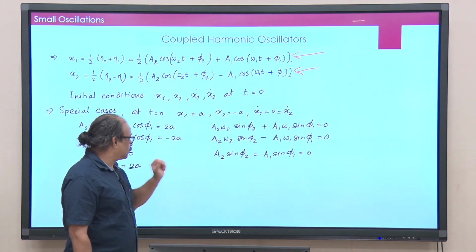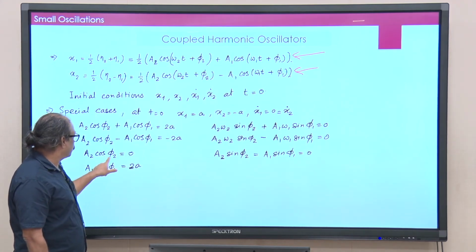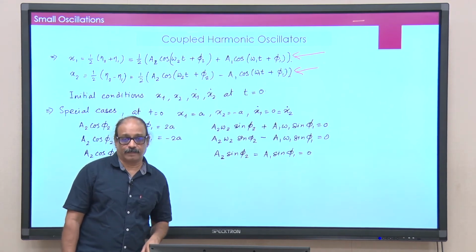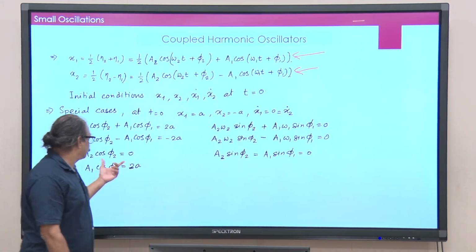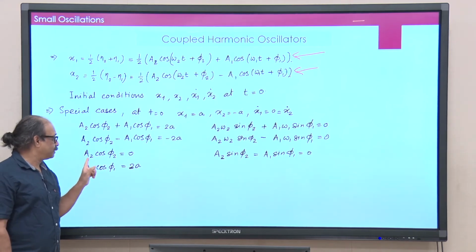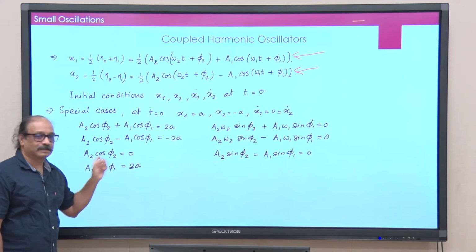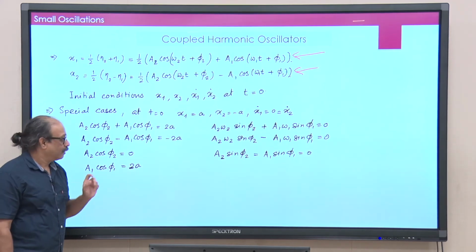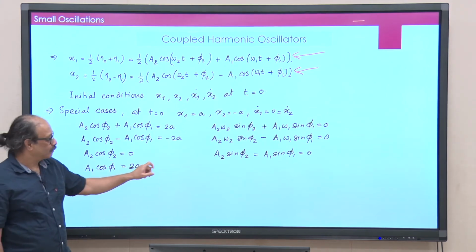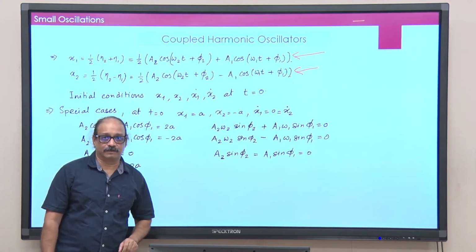Now, you look at these equations for A2. This says A2 cos phi 2 is 0 and this says A2 sin phi 2 is 0. Now, when you look at just one equation, you would say that A2 can be 0 or phi 2 can be pi by 2. In both cases, this equation will be satisfied, but if phi 2 is pi by 2, this equation will not be satisfied if you assume A2 is not equal to 0.